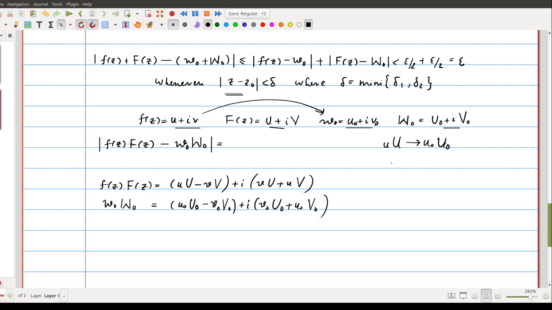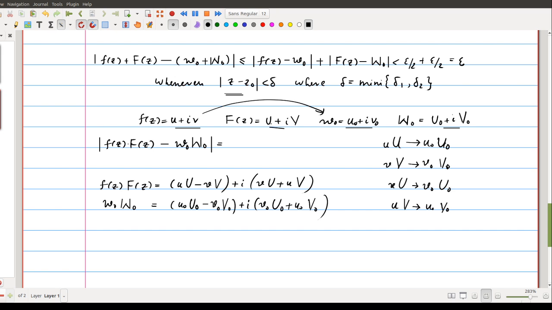Similarly, we know that small v capital V tends to small v naught capital V naught, small u capital V tends to small u naught capital V naught, and finally small v capital U tends to small v naught capital U naught.